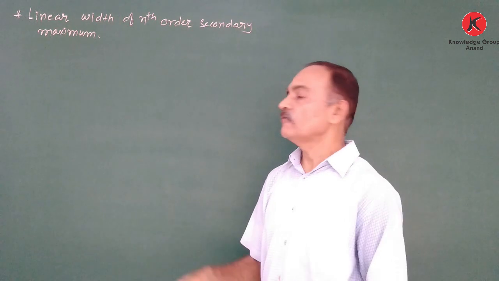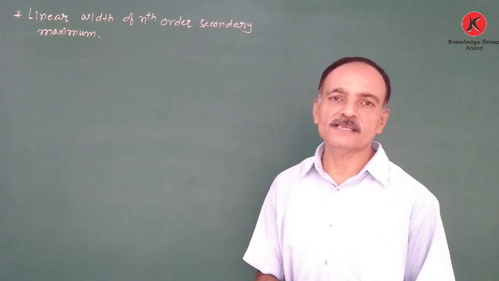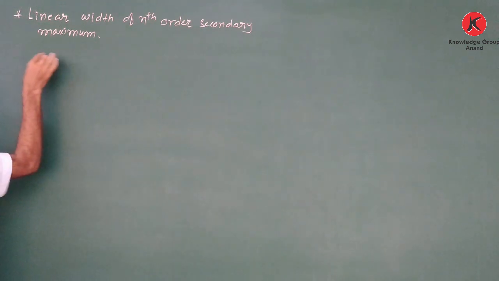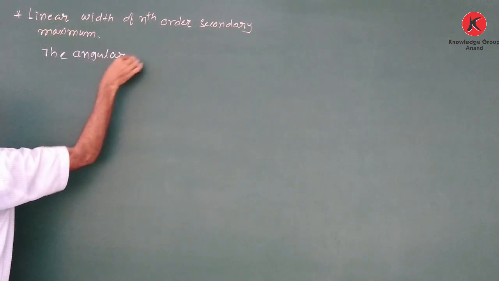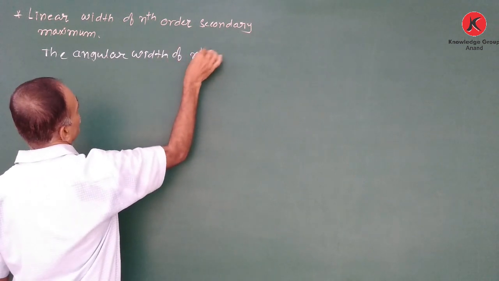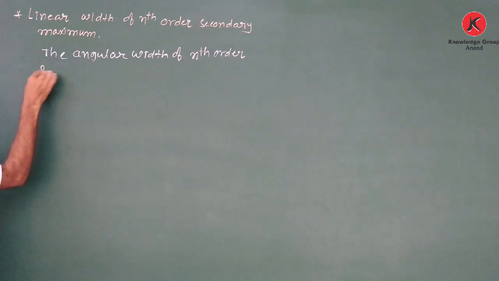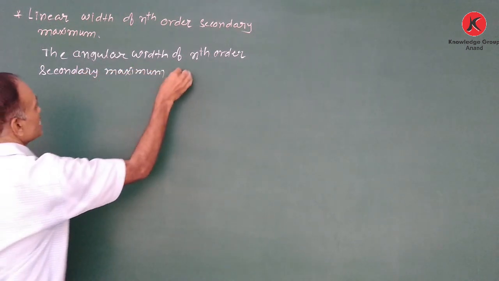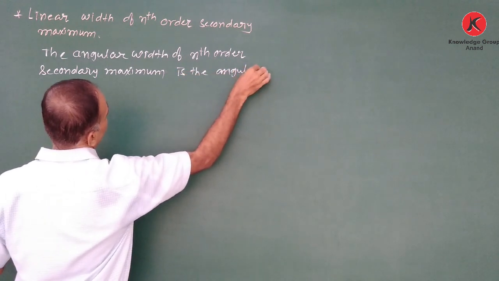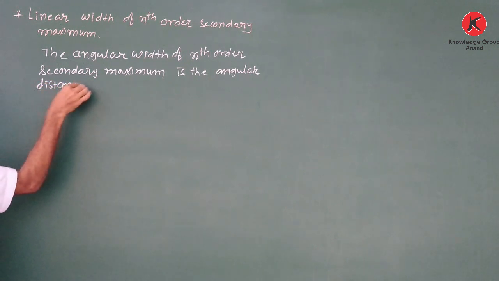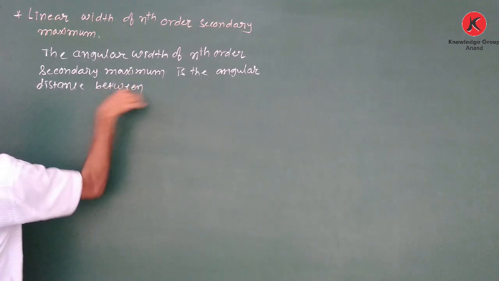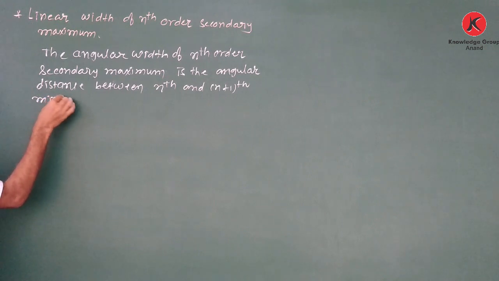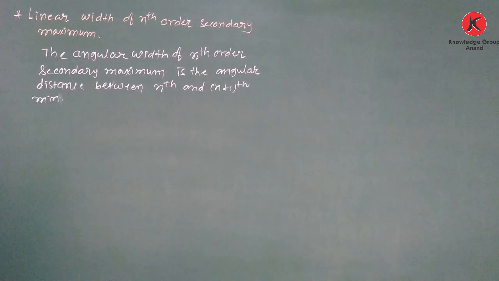For that purpose, the angular width of the nth order secondary maximum is the angular distance between the nth and n plus 1th order minimum.